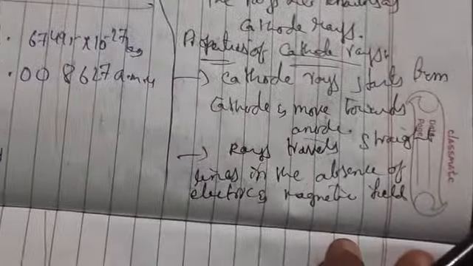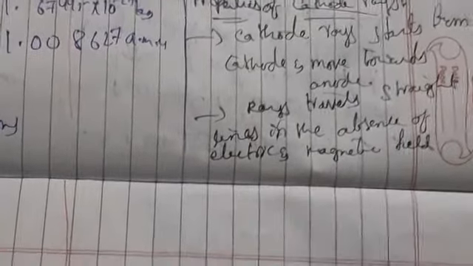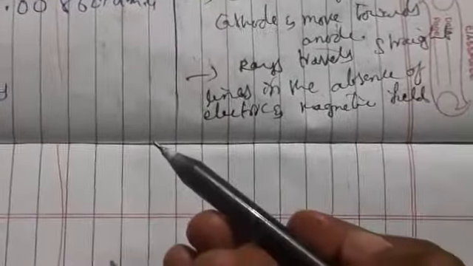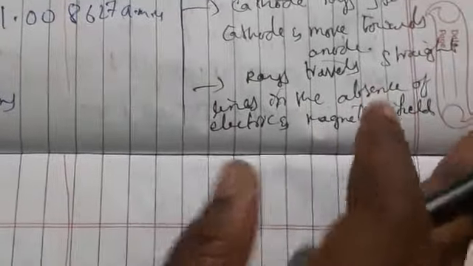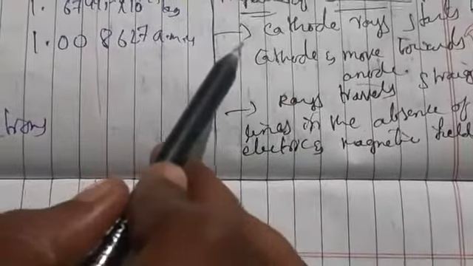Whereas in the presence of electric and magnetic fields, if you apply any current or any magnet, they are deflected. The cathode rays contain negatively charged particles known as electrons.